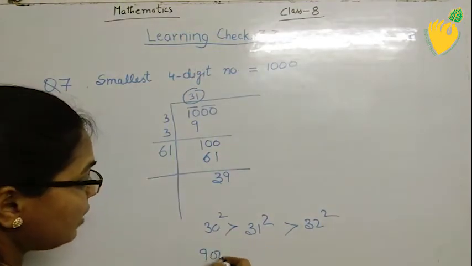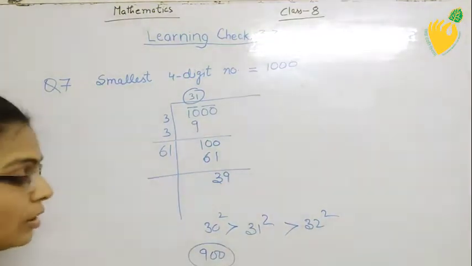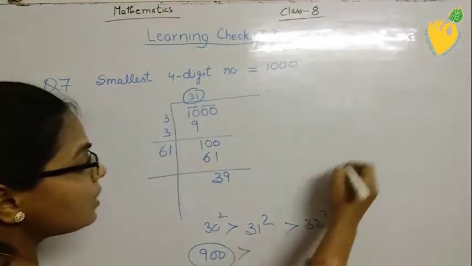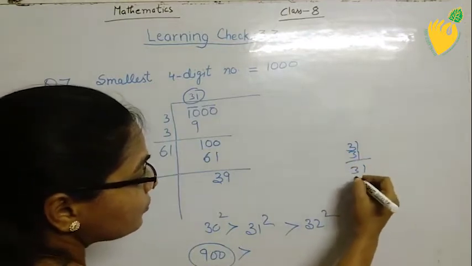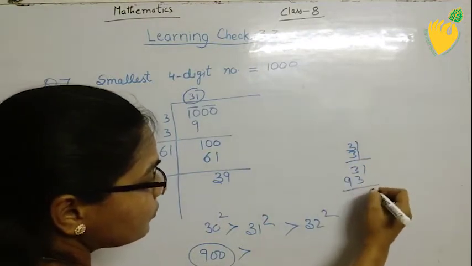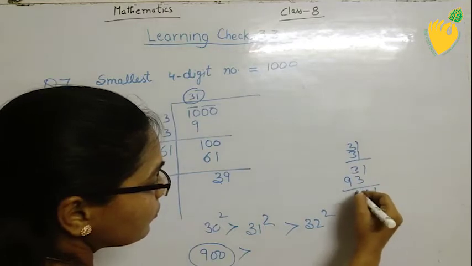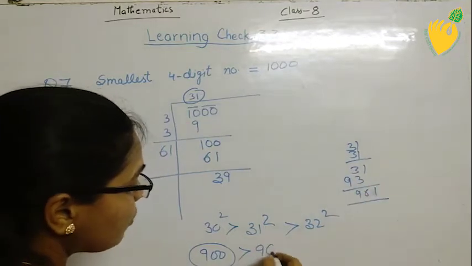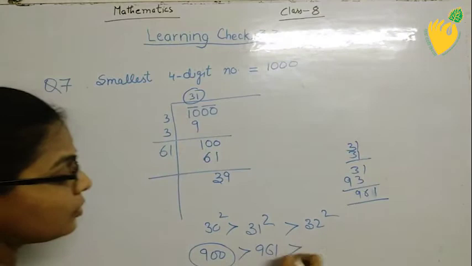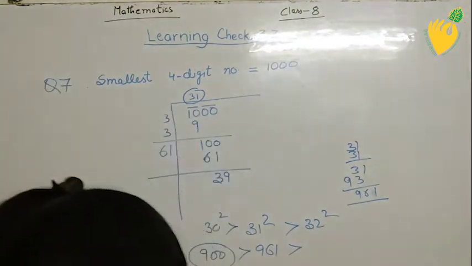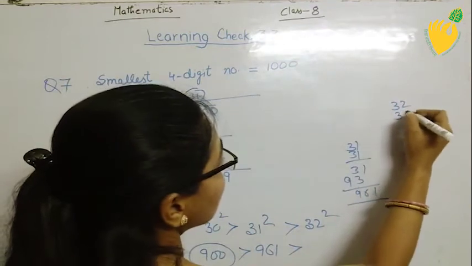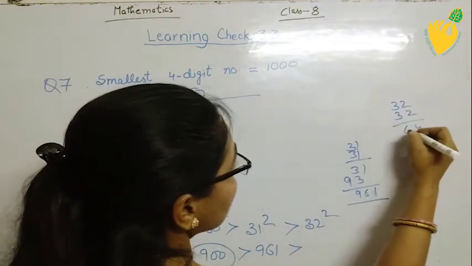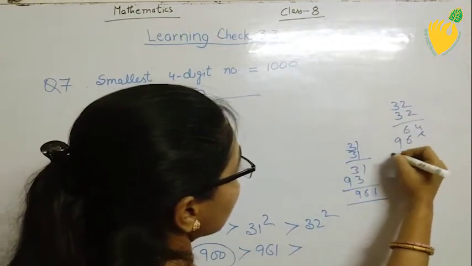30 squared is 900, which is not a 4 digit number. Let's see 31 squared. Again 961 is not a 4 digit number. And let's see what happens to 32. 32 into 32, 2 2 ja 4, 2 3 ja 6, 3 2 ja 6, 3 3 ja 9.